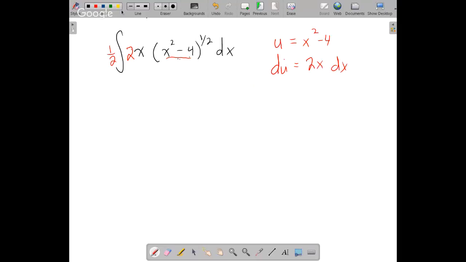Then in this case, I can get my du in there, and I just have to tweak by adjusting by a constant. So there's a couple of approaches one can take. So continuing my substitution, I have the 1/2 chilling outside. 2x dx becomes my du. And now I have my u to the power 1/2.